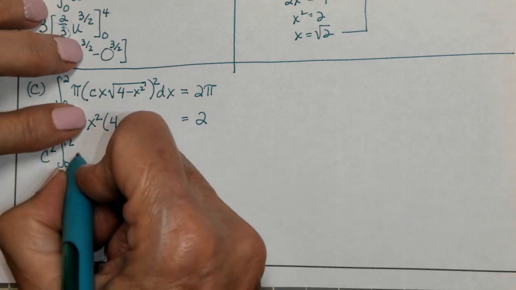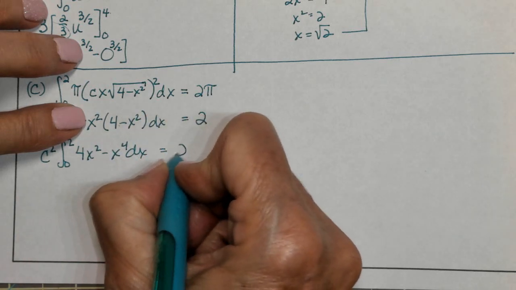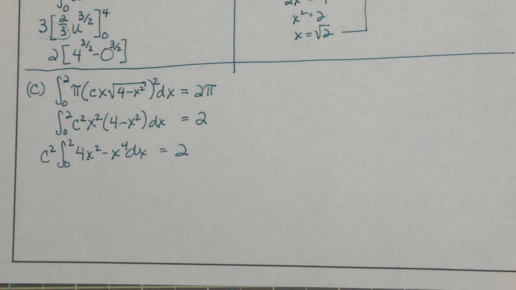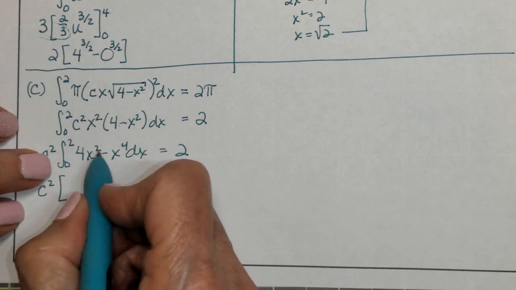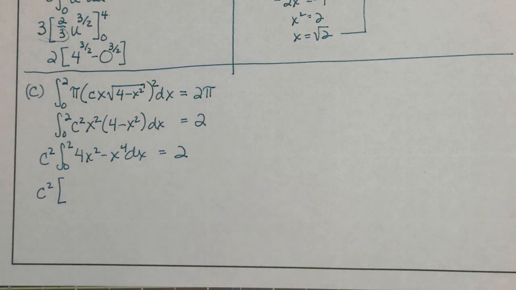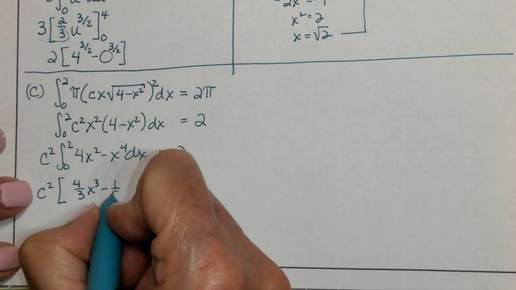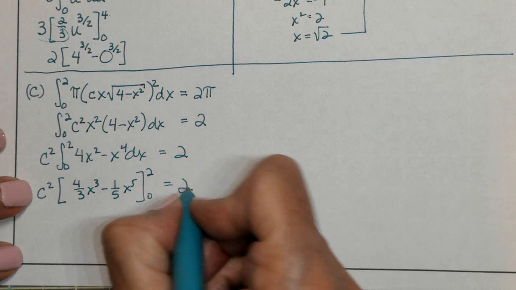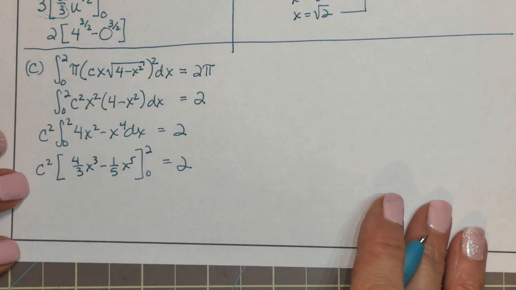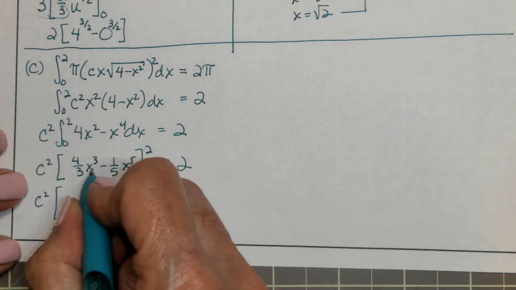c squared is a constant, so I'm taking it out. What's left, I'm going to distribute like that. I'm getting closer. I'm going to leave the c squared out here. Integrate. So 4/3 x cubed minus 1/5 x to the 5th from 0 to 2. Just keep everything straight. We're doing fine. Put 2 in for your x.